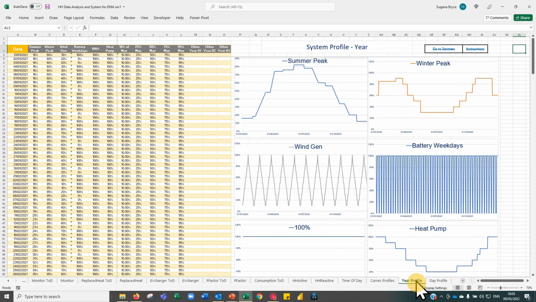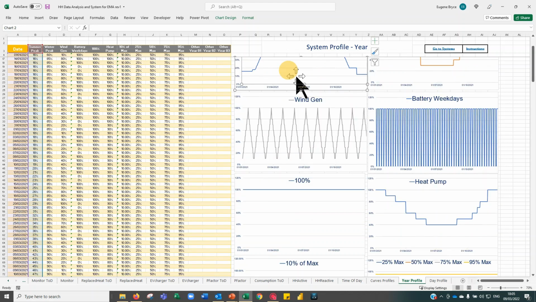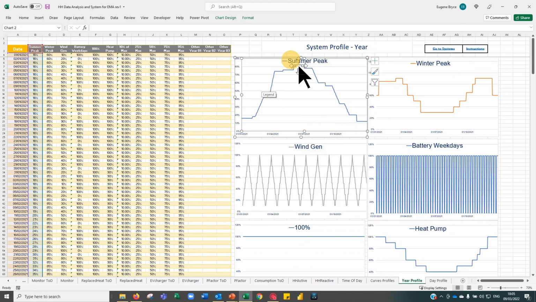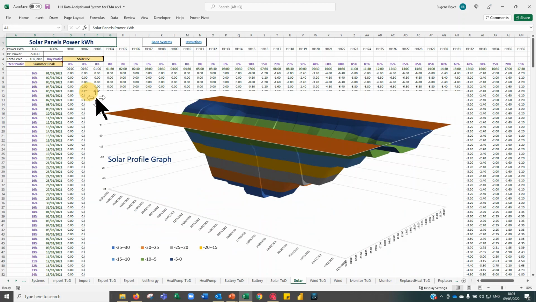Similarly, for the year profile, if we look at our summer peak year profile, again we start at 16% all the way to 80-90% and then down again, to get a profile of the output during summer. Through both, we then go to the solar panels we've applied here.